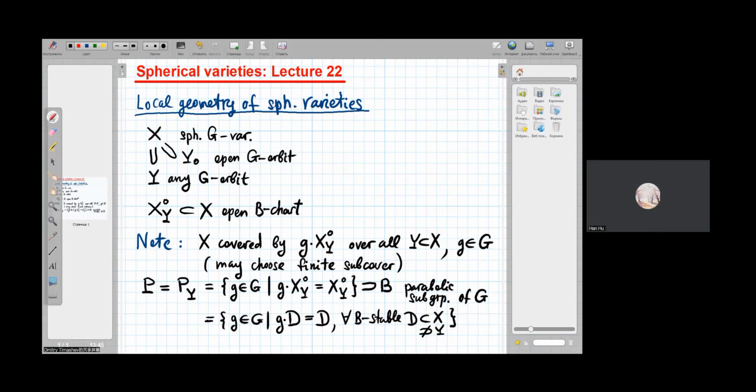We remove these divisors to obtain the canonical open B chart intersecting Y.